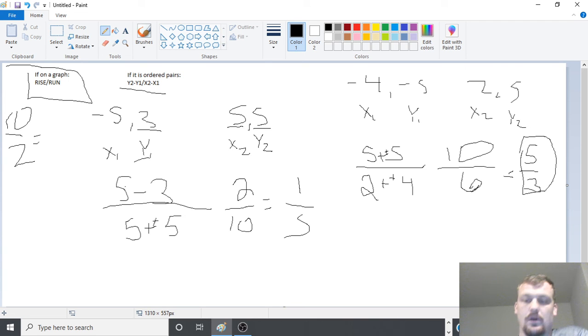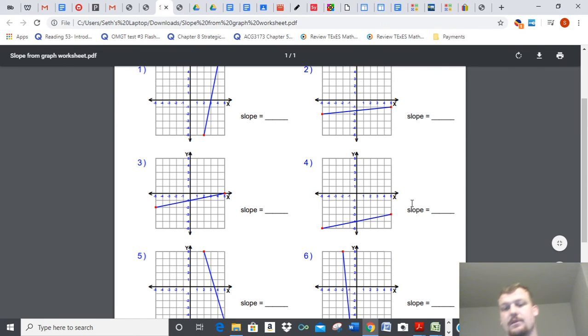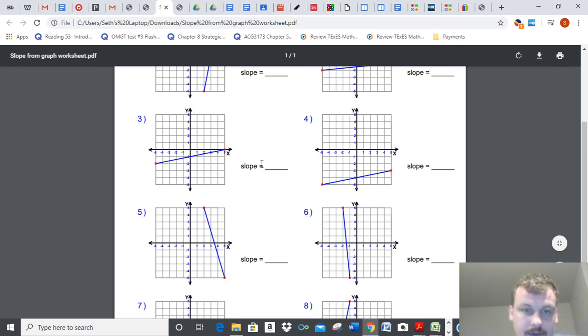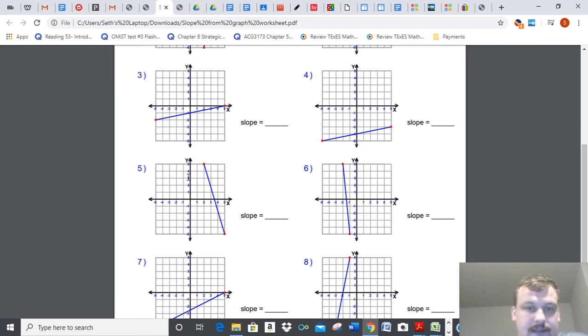Now let's do one more for a graph. Remember, on a graph you automatically want to think rise over run. This basically tells you to go from this red dot to the other red dot. If you didn't have the red dots, you'd want to start on a perfect corner.